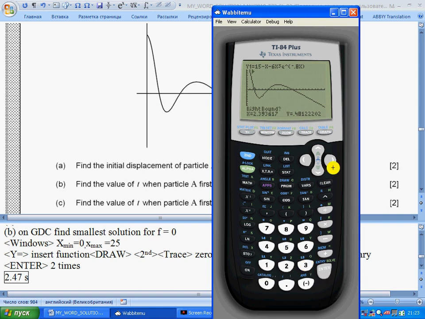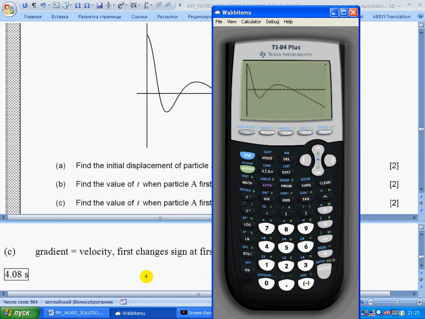Right boundary, let us walk around. Okay, enough. So we have the right boundary, guess, and we have the value 4.08 seconds. Right, okay.